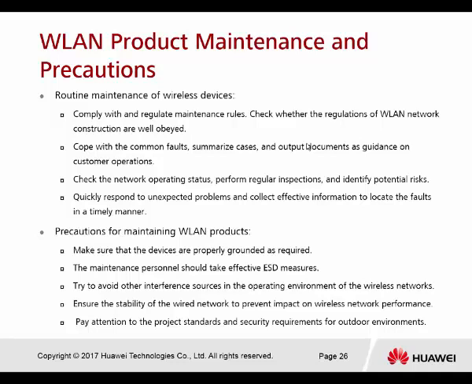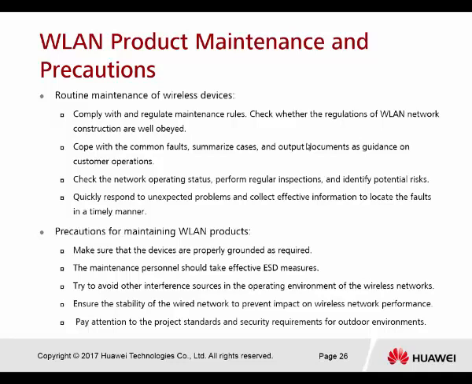Just in case in the future they have the same problem happening again, the customer can follow the guideline that you provided and solve it by themselves. Check the network operation status. Perform regular inspection and identify the potential risks. Quickly respond to unexpected problems and collect effective information to locate the fault in a timely manner.